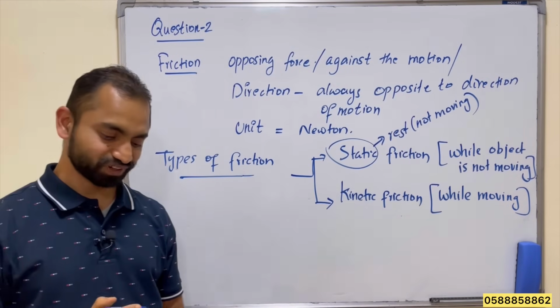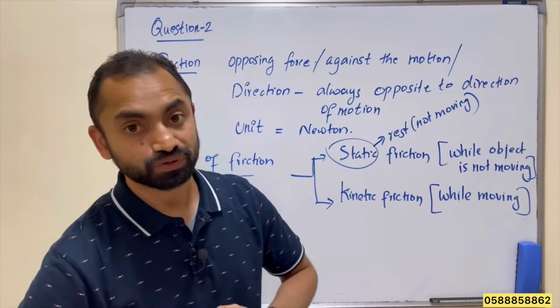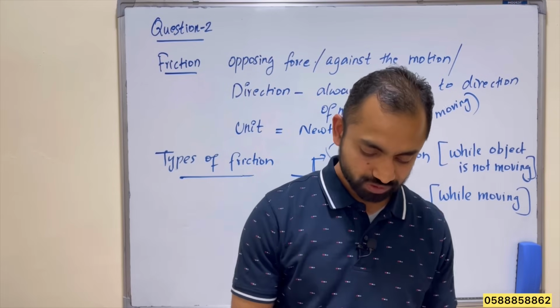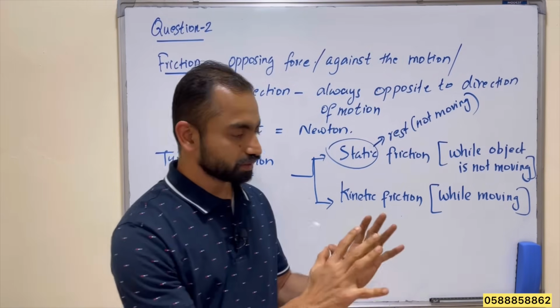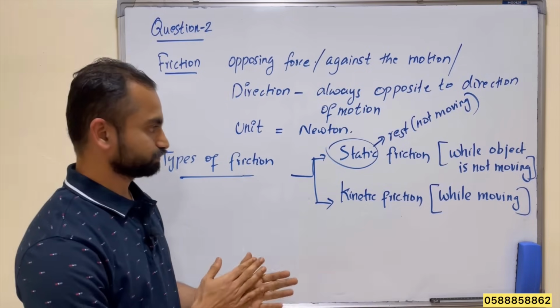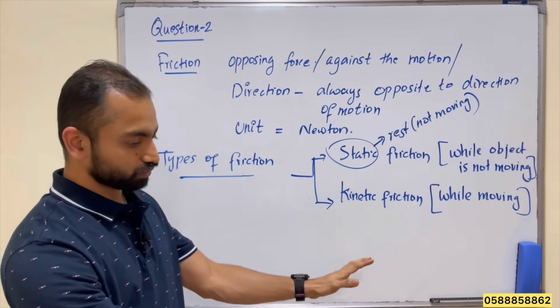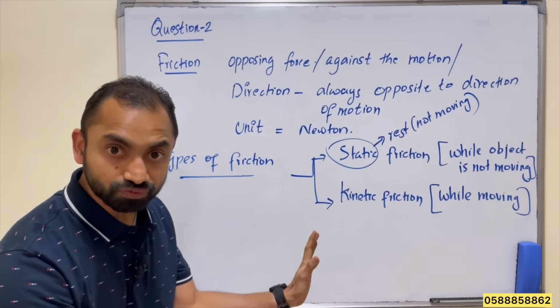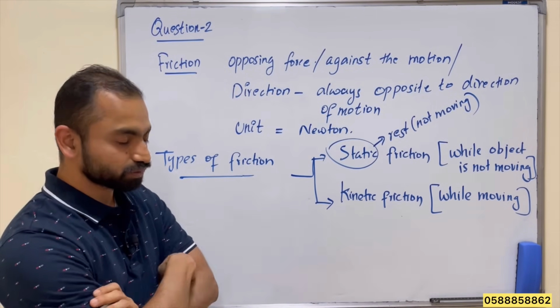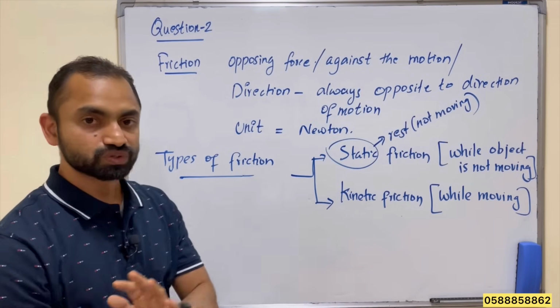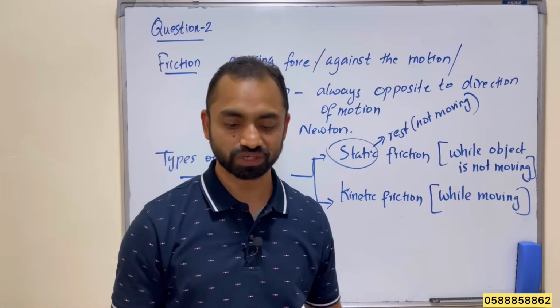How does friction act if the object didn't start moving? For example, there is a couch. You are not applying any force on the couch, you are just looking at this. The couch is not moving, it is at rest. So there is no static friction acting.